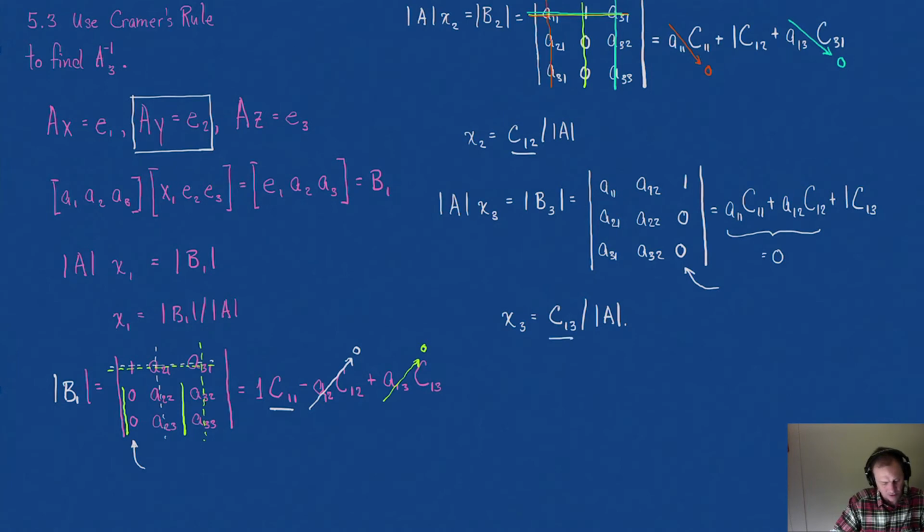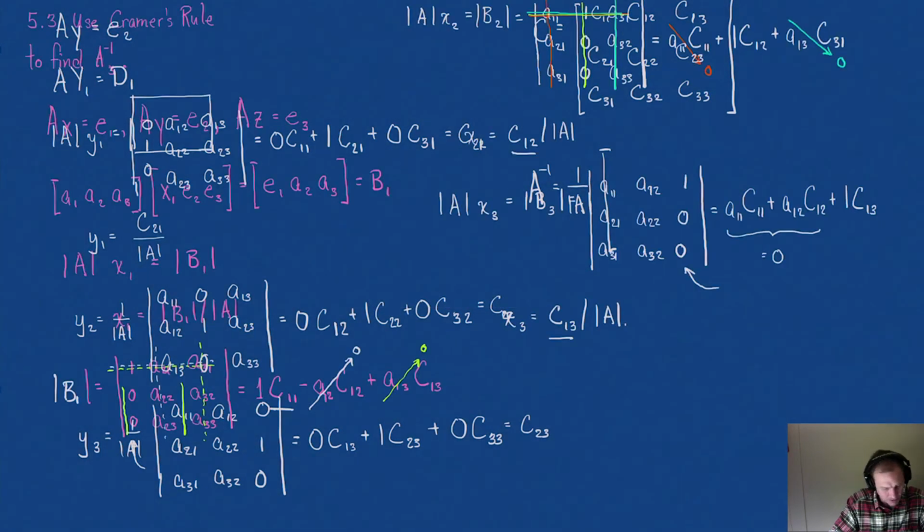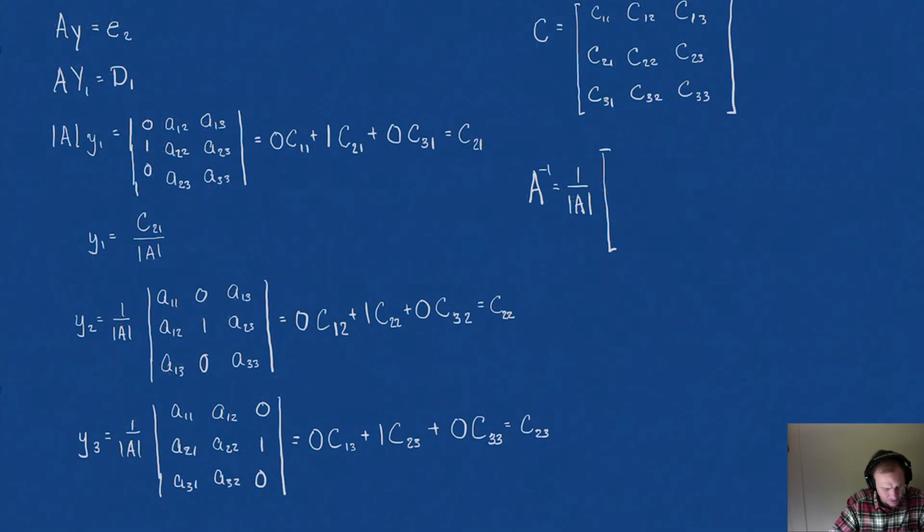All right, so let's write those. So x1 would go in this first column, and that's going to be C11, C12, C13. And now if we look at our y's, our y1 was C21, then a C22, and then a C23.